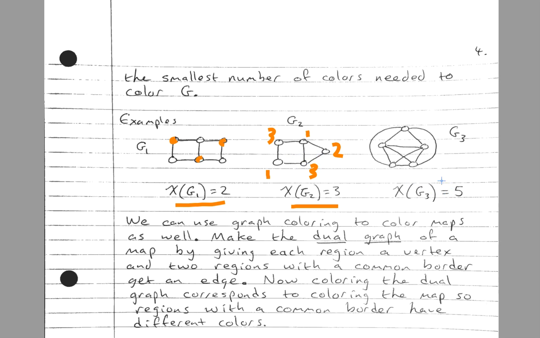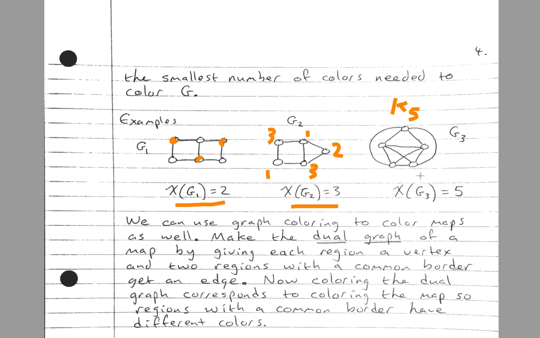And how about this one, G sub 3? Here we have 5 vertices, and you can see each vertex has degree 4. In fact, each vertex is connected to every other vertex. So this is really K5, the complete graph.